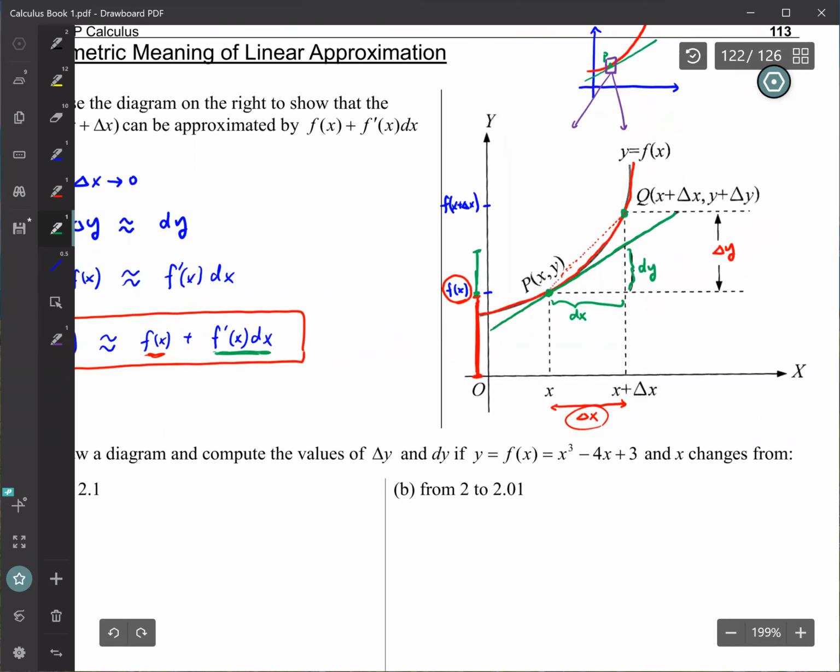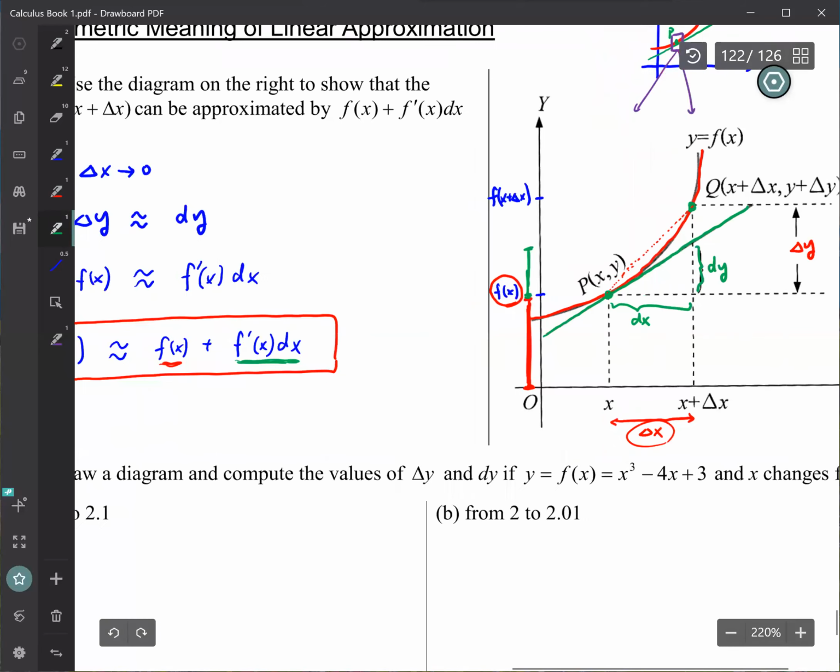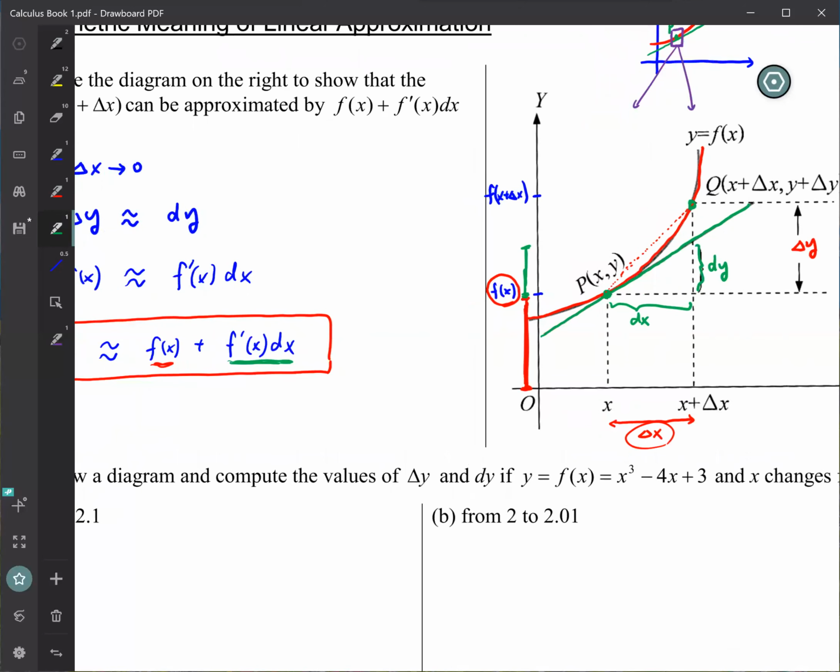I'm a little bit confused. I get the part where you said when it's not zoomed in, it's super hard to tell the difference. But for this part, f of x plus f prime x dx, that part's the dy, right?